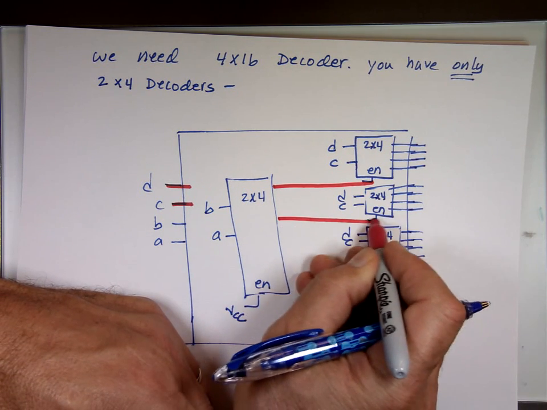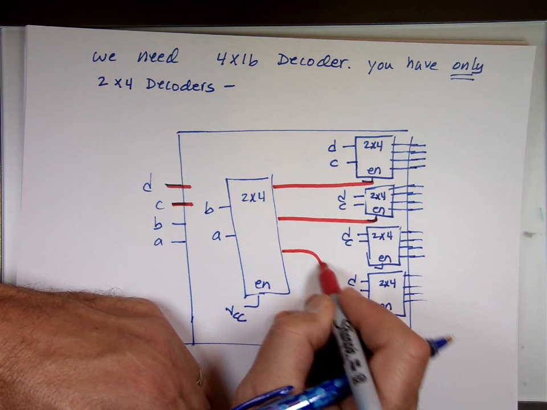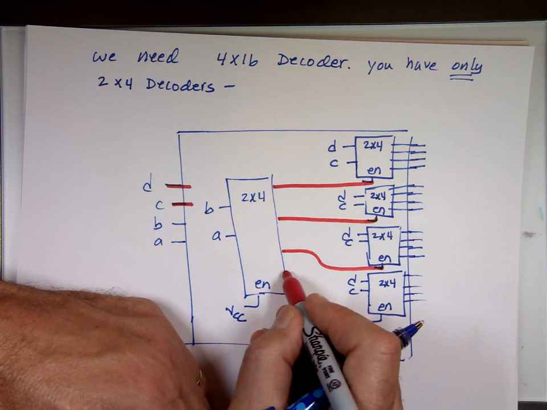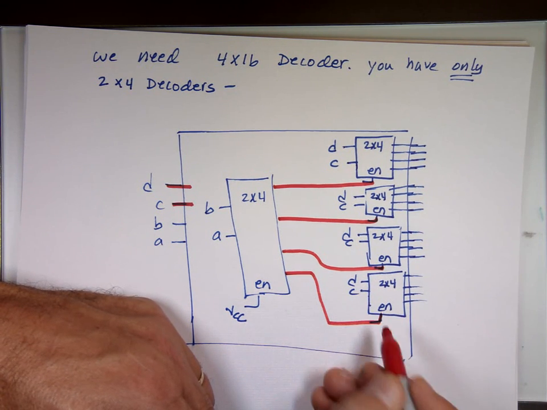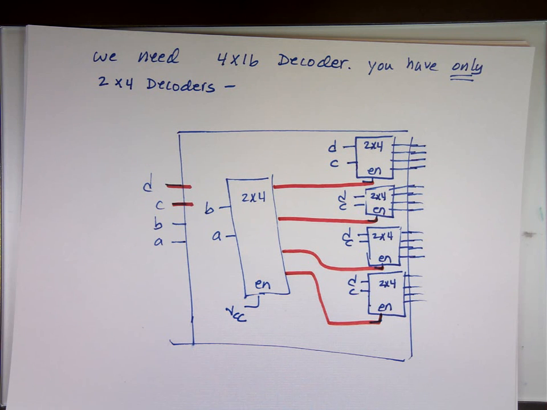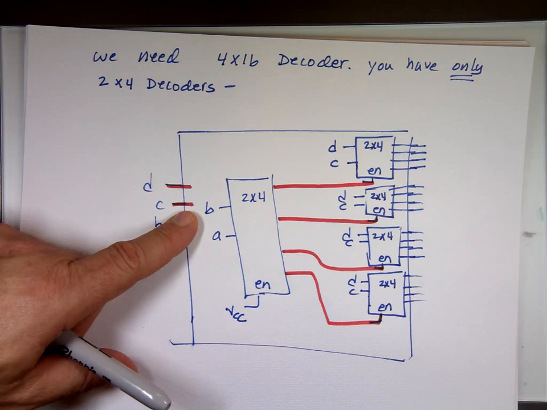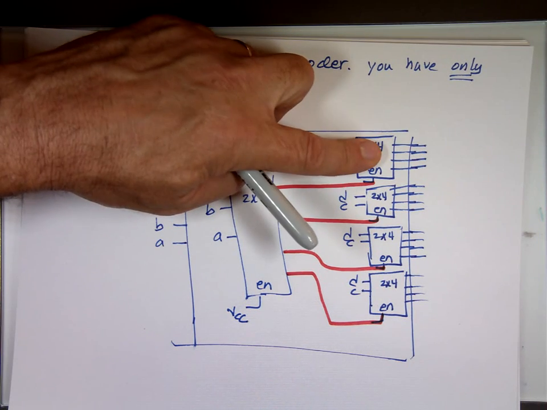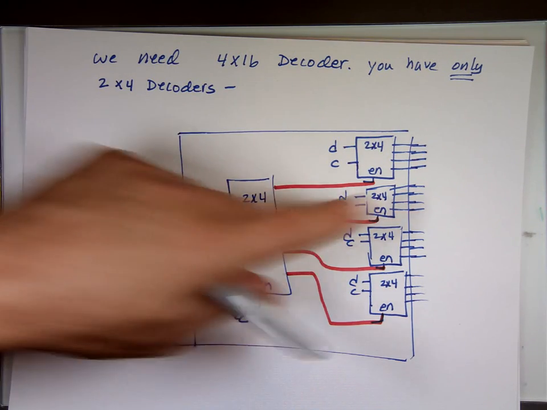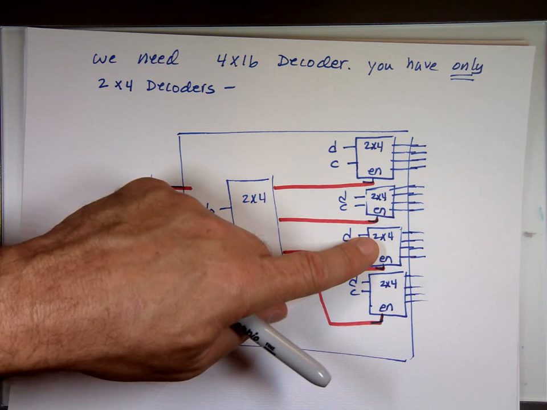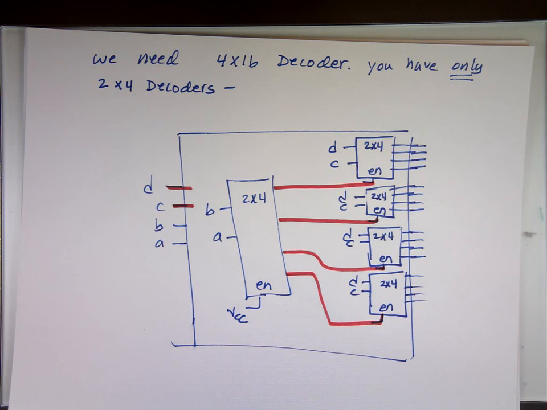Pin number 2, attach to that chip enable. And pin number 3, attach to that chip enable. So when A and B are 0, 0, you get the first group on. When it's 0, 1, that's this group. When it's 1, 0, that's that group. When it's 1, 1, that's this group. And now we just created a 4 by 16 decoder using only 2 by 4s.